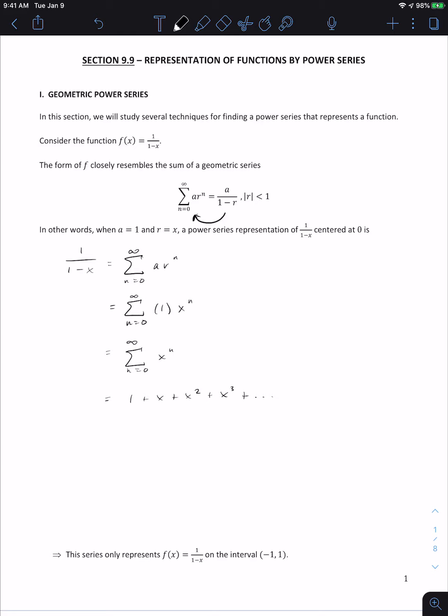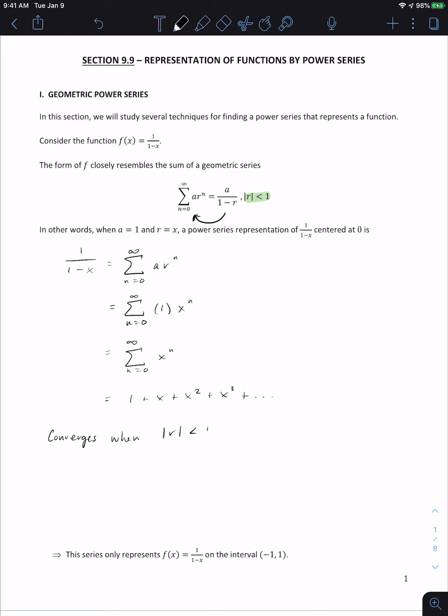So 1 over 1 minus x can be represented as this power series when it converges, which in general is when the absolute value of r is less than 1.